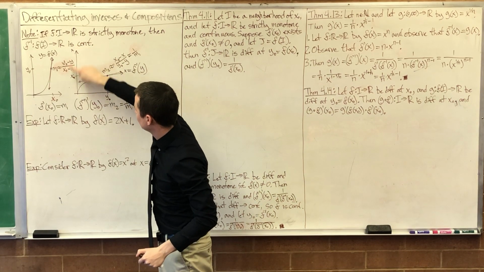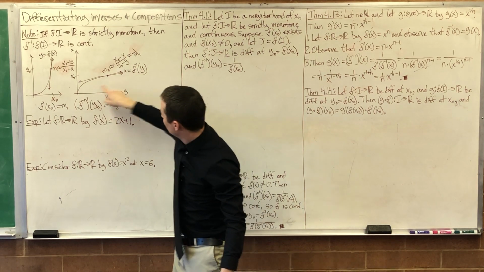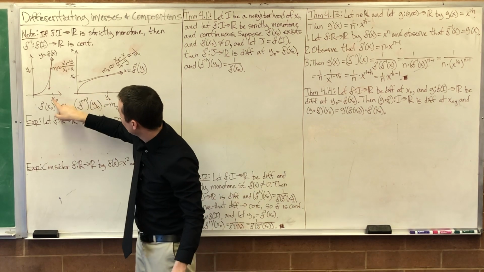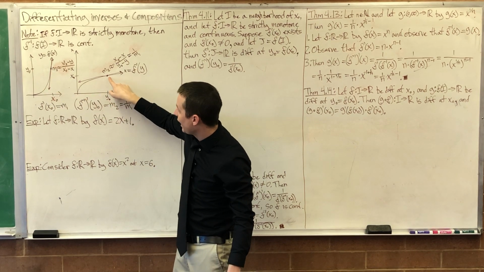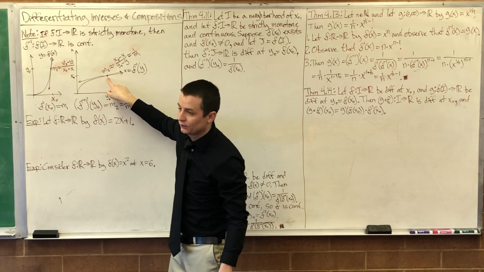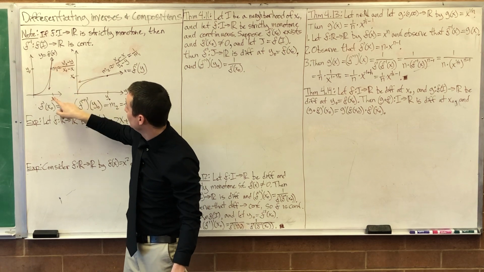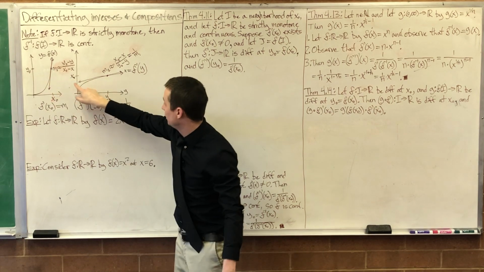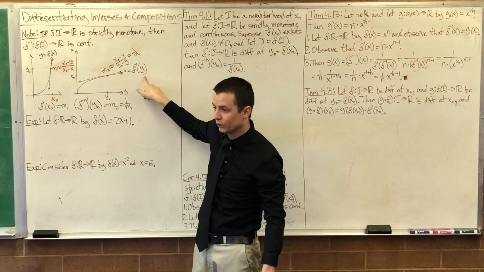Now here's my x-axis, here's my y-axis, I drew the exact same function. But now, instead of looking at the slope at x naught, we're going to look at the slope at y naught. Notice we're still making reference to the exact same point, x naught, y naught. But instead of viewing it as y in terms of x, we're now viewing it as x in terms of y. We're looking at the inverse function. x is equal to f inverse of y.